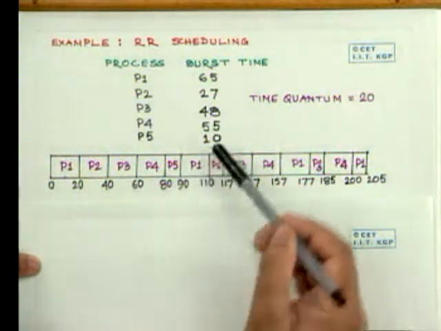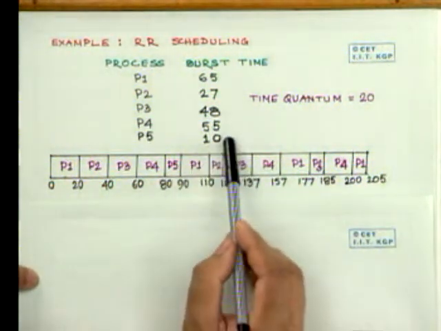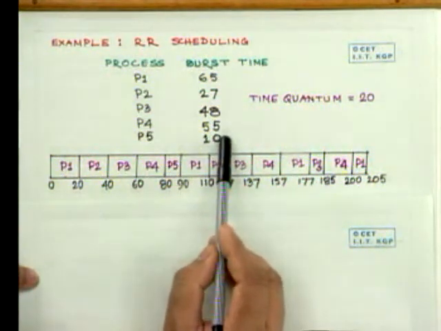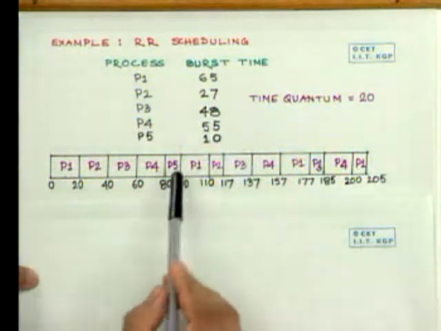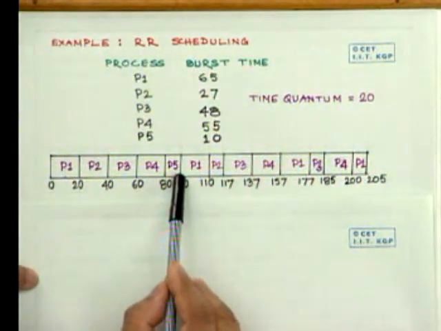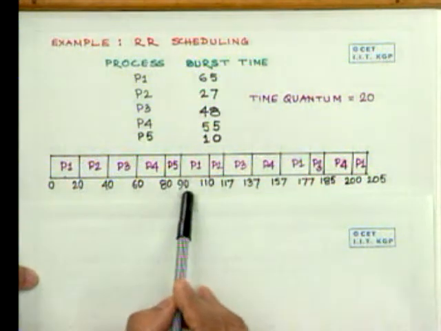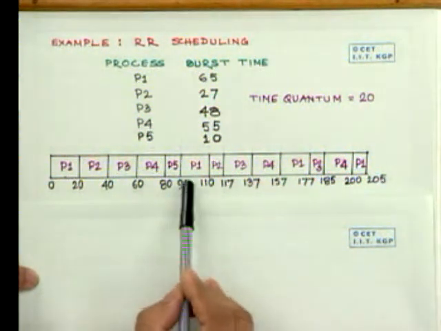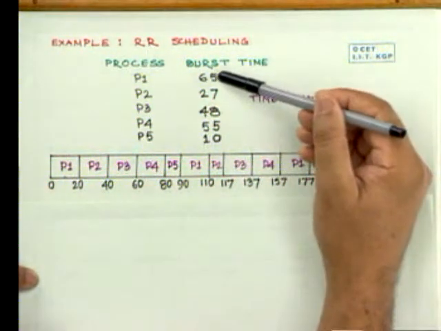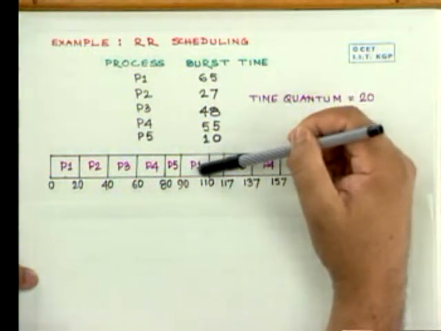When P5 comes, you see that P5 completes. That means this is a CPU burst, and after that it either goes for I/O or has completed. Therefore, P5 comes out of the CPU and goes into the I/O wait state or the exit state. And then in the round robin, P1 gets the CPU once more.